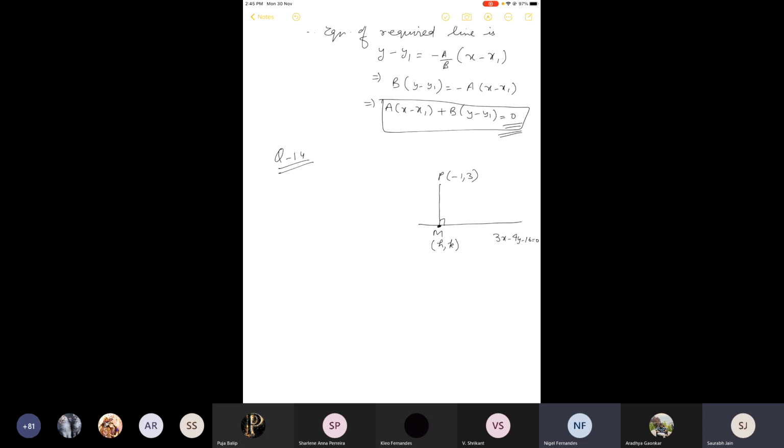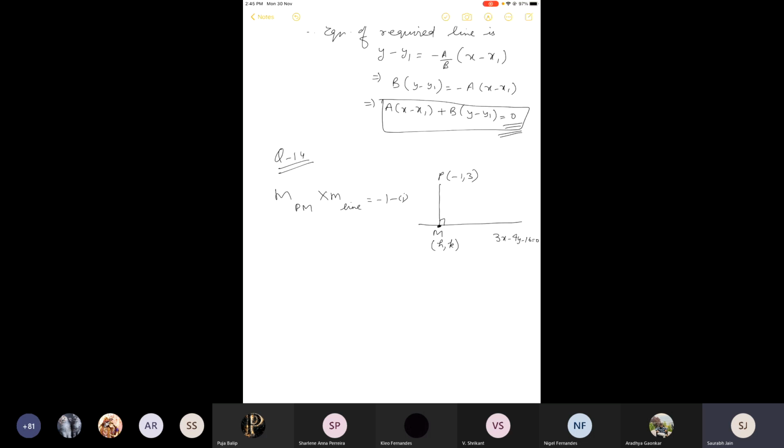Product of slopes is -1. Very good. See, I'm writing PM in suffix, that means m stands for slope here. So m_PM means slope of PM into slope of line will be -1. Why? Because both of them are perpendicular to each other, and product of slopes of two perpendicular lines is equal to -1.